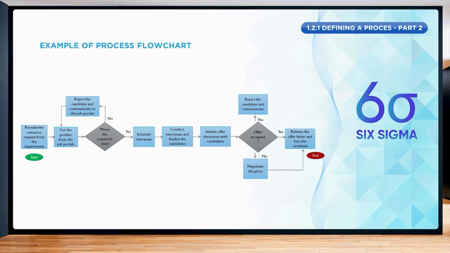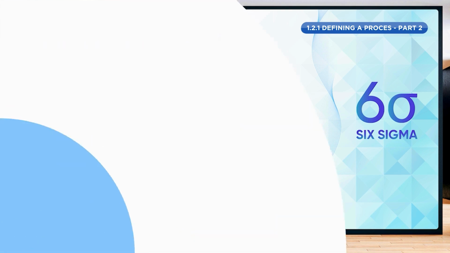Because when we come to a decision point, for example, like "meets the requirements?" with a question mark, then typically there are 2 possible paths. If the answer is yes, then we progress to the next process step. If the answer is no, we may have to go back to a previous step, complete it, go through the decision point again, and move to the next step in the process.